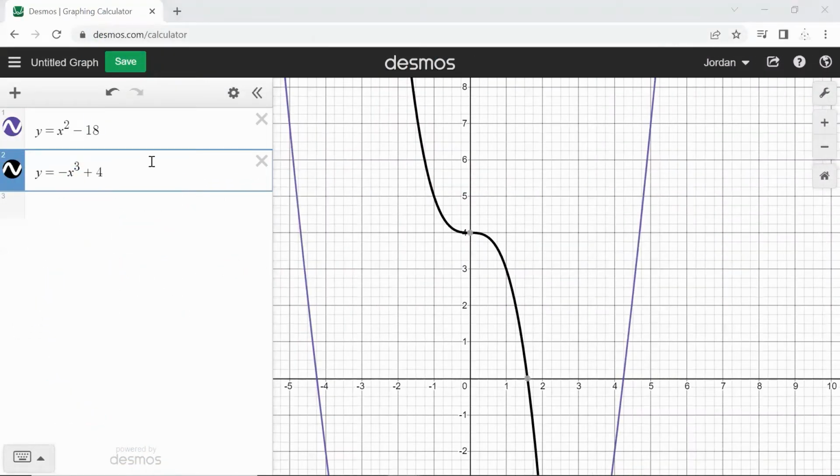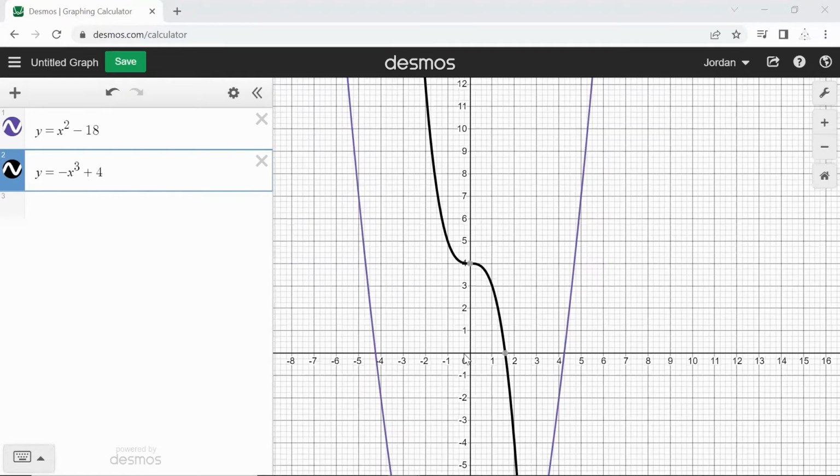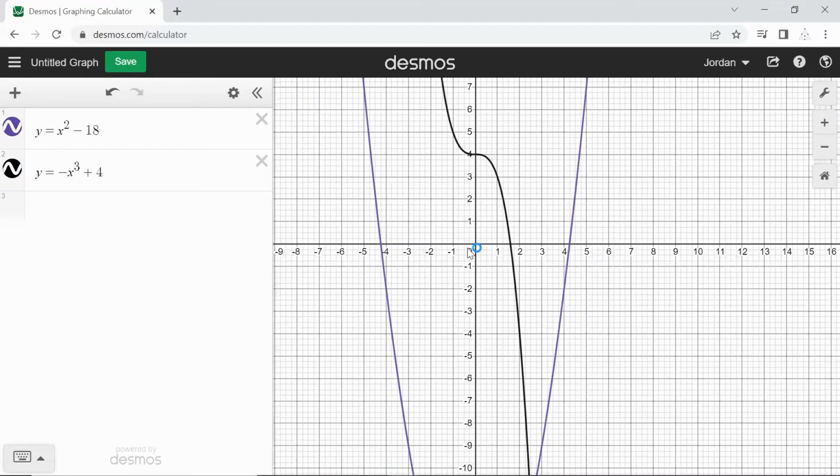I have just typed in the graphs of these two functions into Desmos. Obviously, this is not the greatest window to see, so I'm going to zoom out a little bit. I can see a little bit better now. Y equals x squared minus 18 is the curve in purple. Y equals negative x cubed plus 4 is the curve in black.